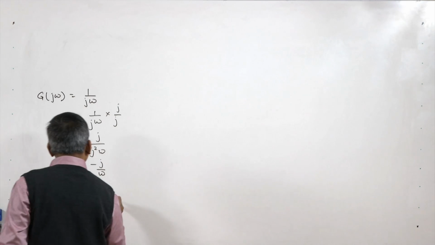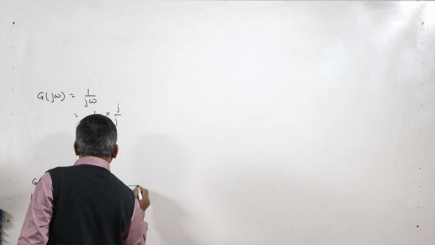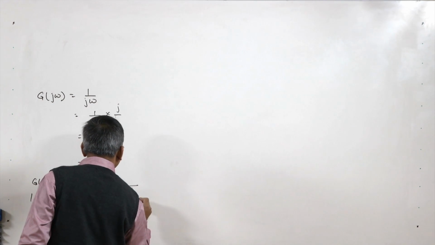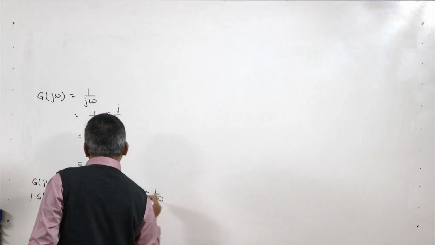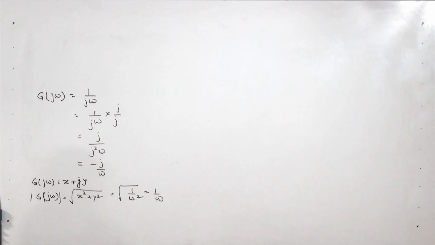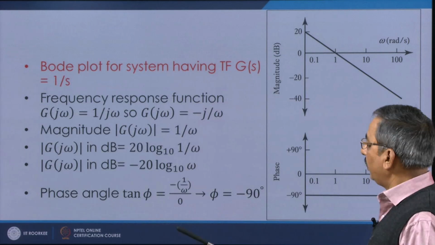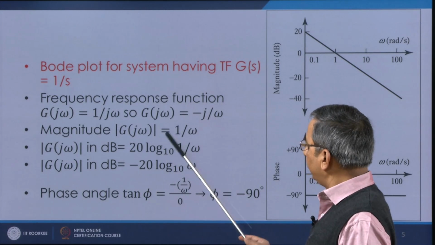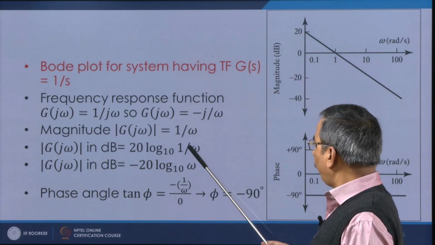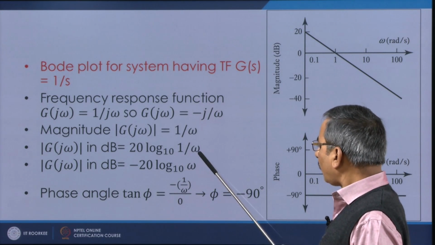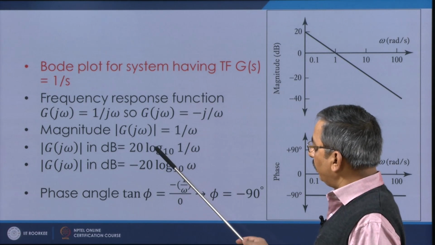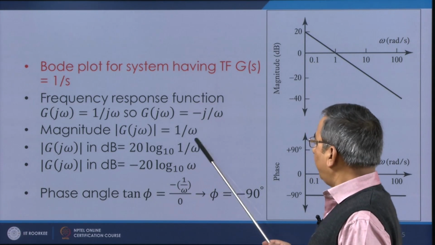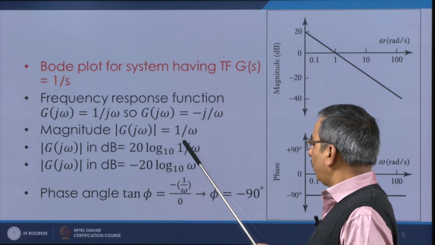Here the magnitude of G(jω) is given as the square root of x squared plus y squared. So, in this case this will be the square root of 1 by ω squared, or this is 1 by ω. In decibel, this magnitude can be written as 20 log 10 of 1 by ω, and this is basically 20 log 1 minus 20 log ω, and log 1 is 0.